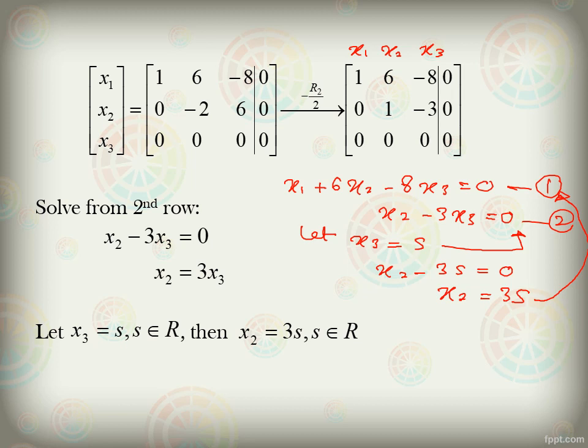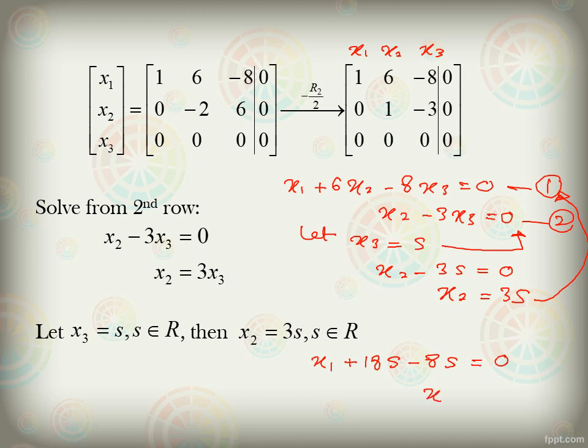So you will solve for x1 plus, what is our x2? 3s, so 6 times 3 is 18s, minus 1 times x3, so s, equal to 0.